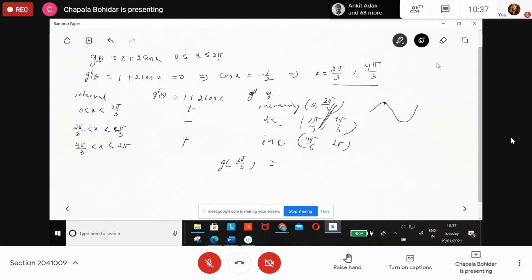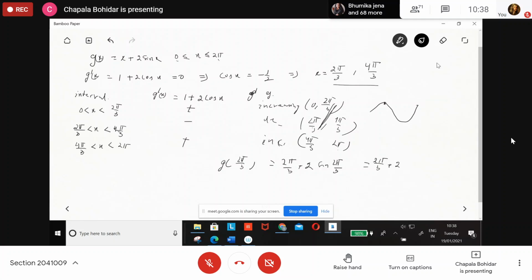That is x plus 2 sine x, so 2 pi by 3 plus 2 into sine 2 pi by 3.